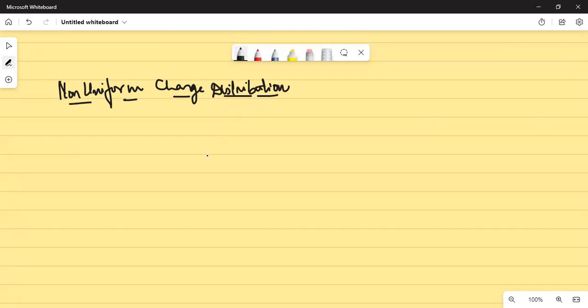So let's say for simplification, I'll now place my rod not in z direction, I'll place it in x direction so that सब कुछ तुम्हें सामने दिख जाए.